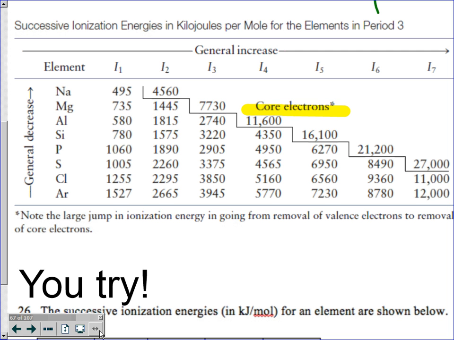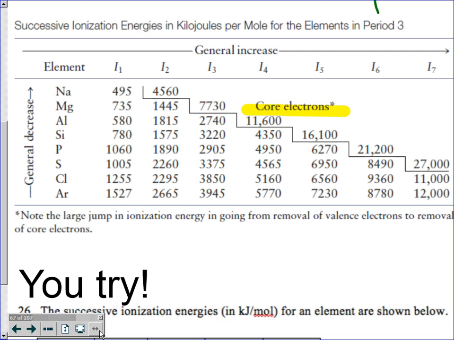So there's 1, 2, 3 valence electrons, and then it jumps to 12,000. Big jump, right? So that's taking its core. I can't say there's a right jump number, but if you look, it's a really, really big difference. So like silicon, you're going up to 4,000, and then it jumps to 16,000. So there is going to be a big jump. I just can't tell you how big the jump is because it varies.